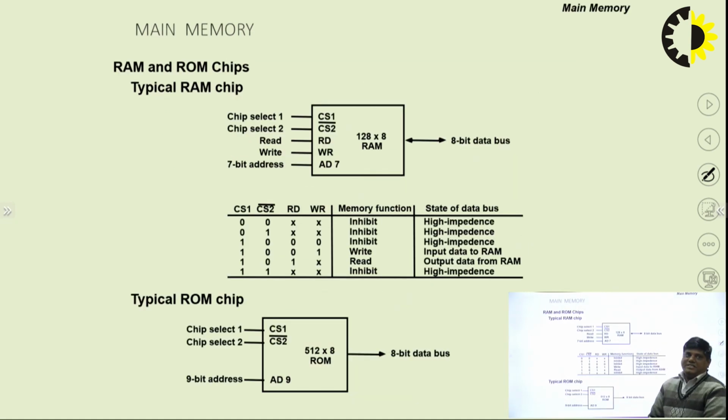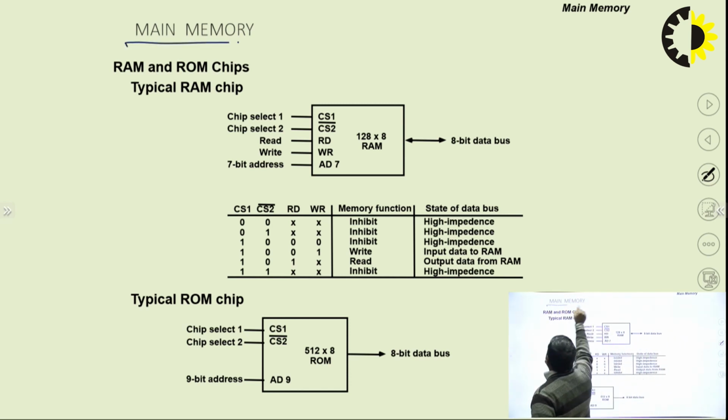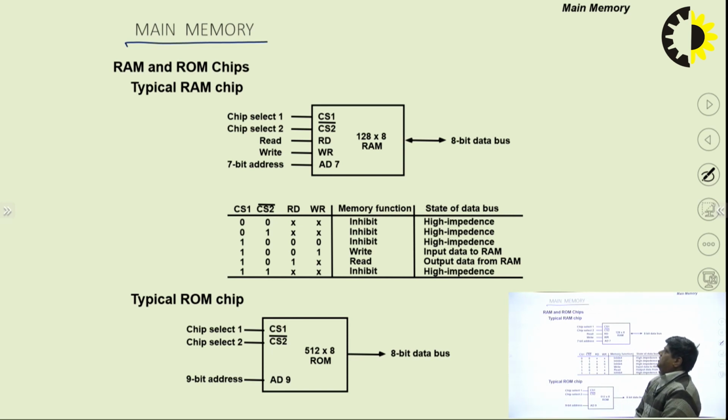Now we discuss some concepts of the main memory. This is the block diagram of the main memory. The function of the main memory consists of 5 main features. First are chip select 1 and chip select 2.